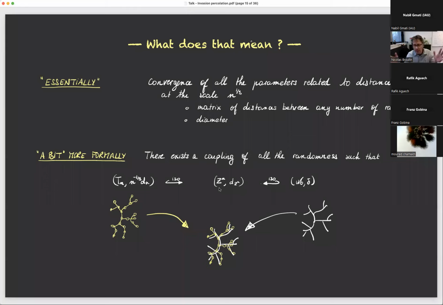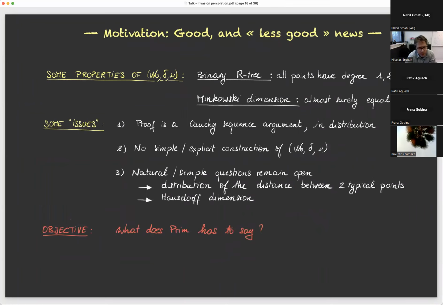So basically they are close enough that you can put them together and you cannot see the difference anymore.